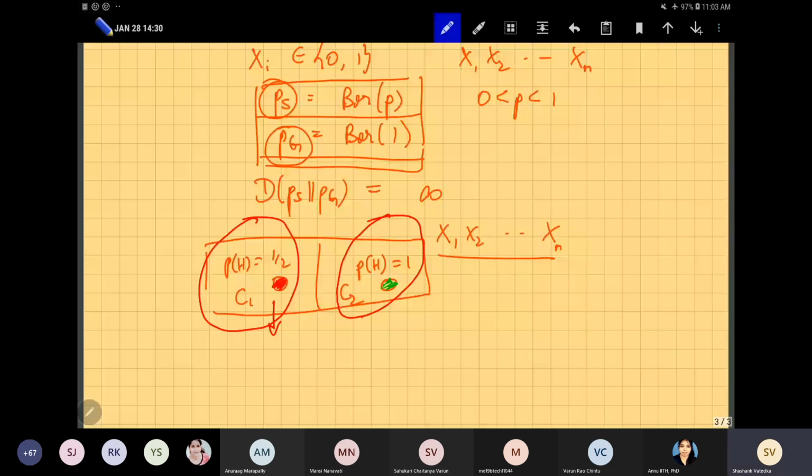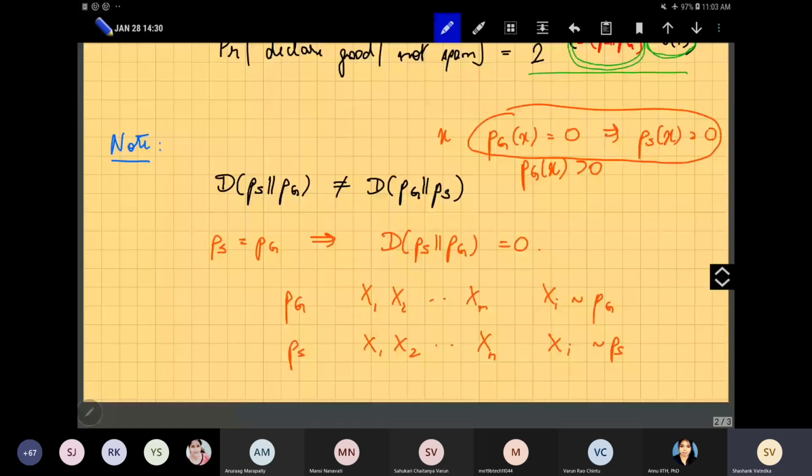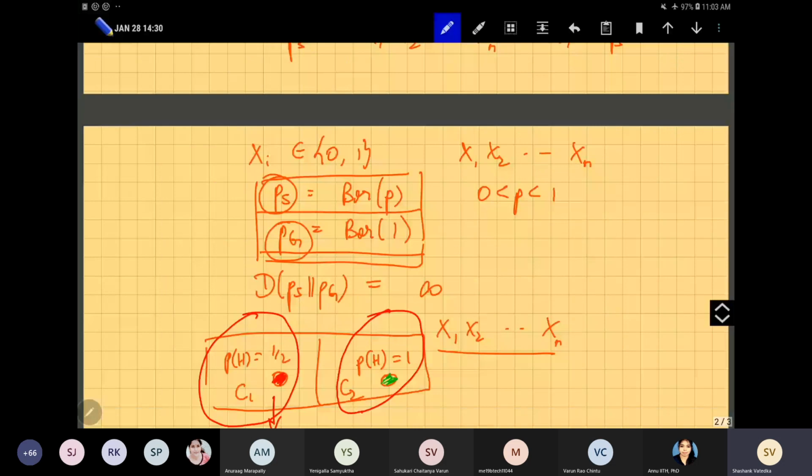Correct? And that is seen by this asymmetry in the KL divergence. So if you look at PS and PG, maybe I should have interchanged it, but in this particular case, D(PS||PG) would be equal to infinity. So if PS is Bernoulli p and PG were Bernoulli 1, then D(PS||PG) is infinity.